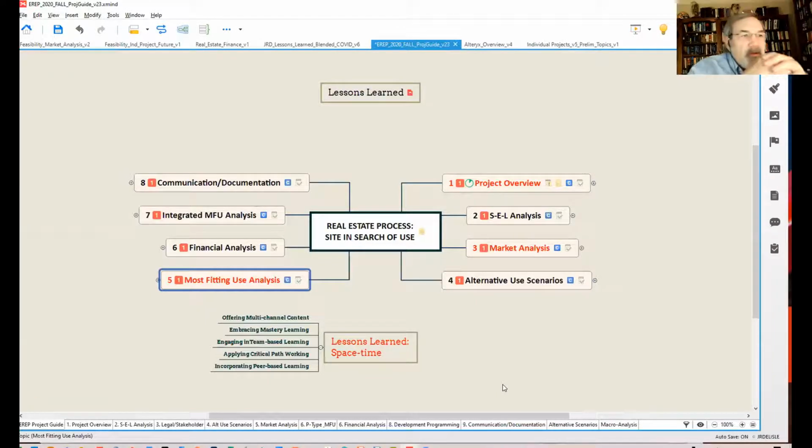So again, some of the lessons learned in this, it's important, as my colleagues have noted, to have multi-channel content. Some people are visual learners, some people are more mathematical, et cetera. So what I'm trying to do is to balance it so that they can look at things, and this is designed for interdisciplinary students. So my students, some of them are architects, some of them are planners, some of them are business people, some are finance majors and accountants. And so we have that sort of intellectual pooling.